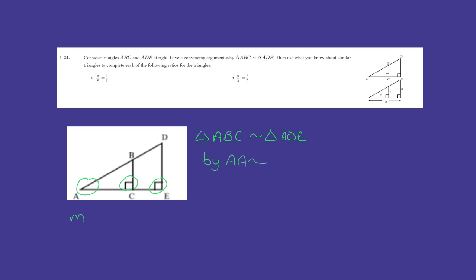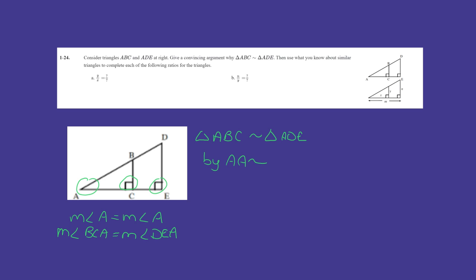So the measure of angle A is equal to the measure of angle A, and the measure of angle BCA is equal to the measure of angle DEA. Because I have 2 pairs of angles that are congruent, I can say that the shapes are similar. So that answers the statement about similarity.